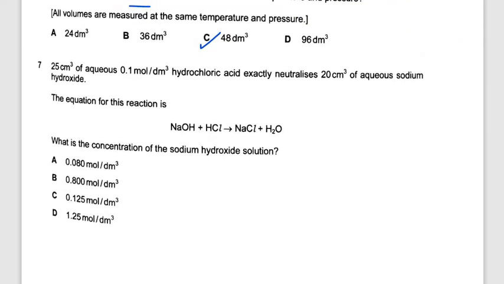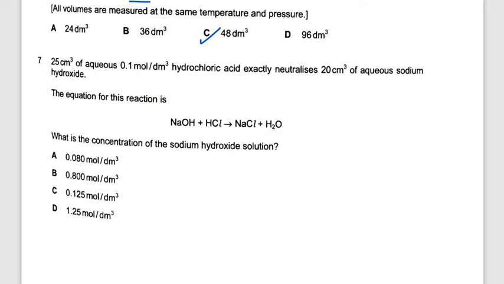Now question number 7. 25 centimeter cube of aqueous hydrochloric acid exactly neutralizes this. This is a neutralization part, meaning the titration, where you use the acid and base to figure out the concentration of an unknown chemical, which can be an acid or a base. So here, what is the concentration of sodium hydroxide? Okay, you know this is a neutralization reaction.